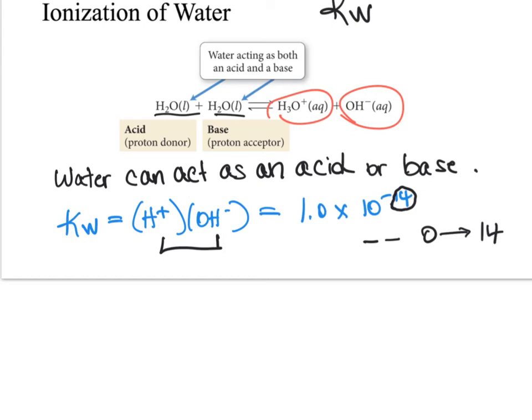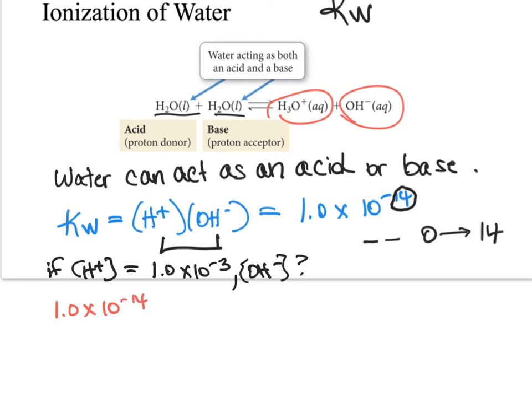Let's look at a couple of simple examples here. If hydronium is equal to 1 times 10 to the negative third, what is hydroxide concentration? All right, so I just plug and chug here. Kw, I'm told, is 1.0 times 10 to the negative 14th.